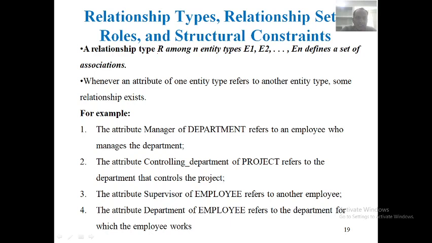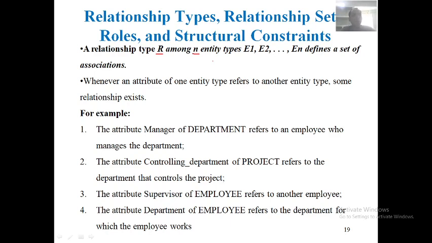R is a relationship type, and it is among n entities, where n can be 1 to n. It can be any integer value: 1, 2, 3, 4, 5. So it starts from 1. At least you need one entity to build the relationship.